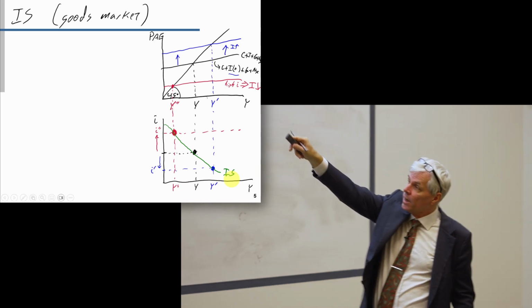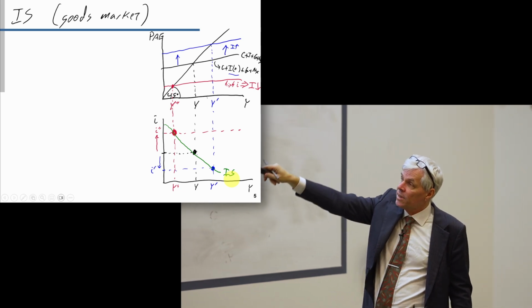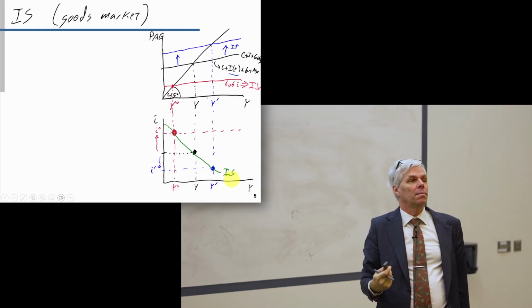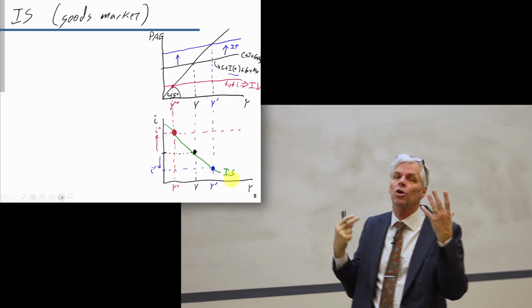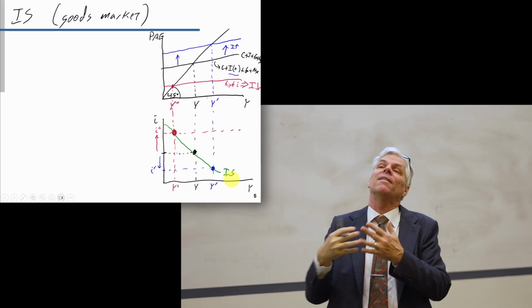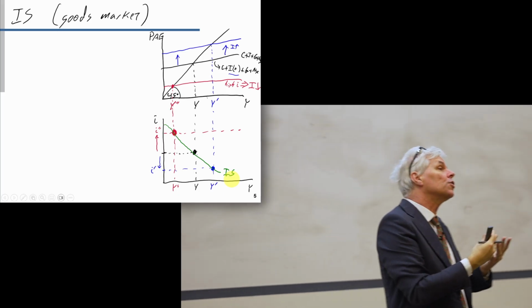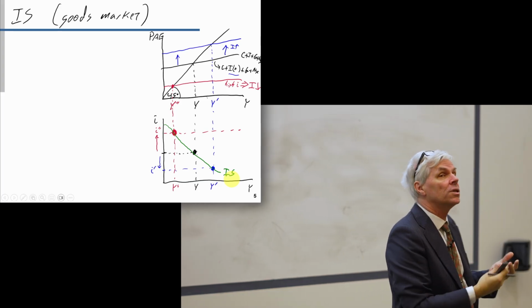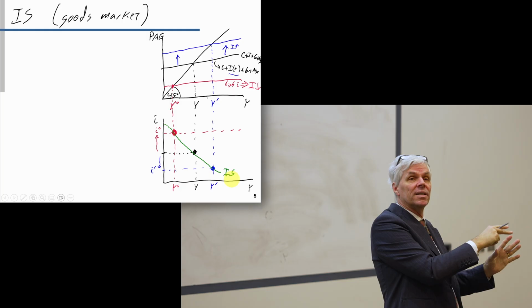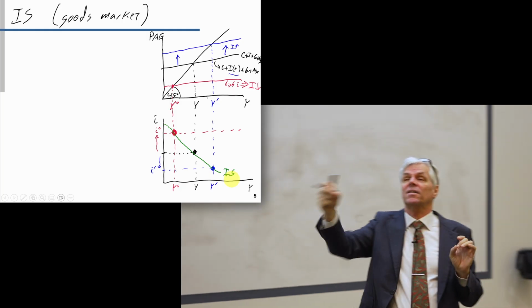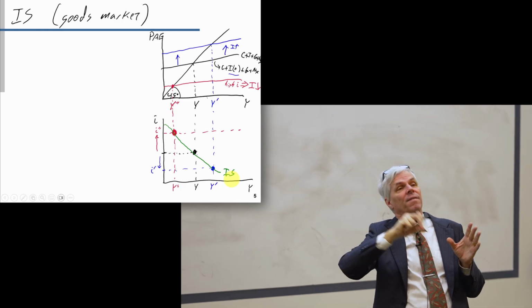So every point on this line represents equilibrium in the goods market. And the goods market, in our first story, is not determining the interest rate. Of course, in the end, everything's interconnected. But in our initial story, the driving force, the interest rate is going to be determined in the financial markets. It's outside of this goods market, and then it affects this goods market. Of course, there'll be feedback effects as well.